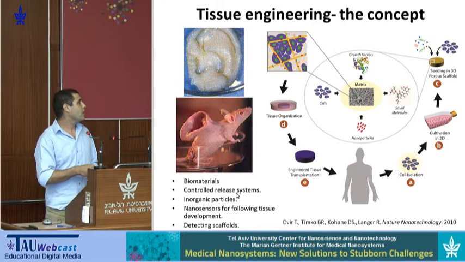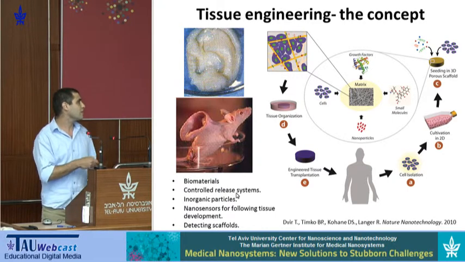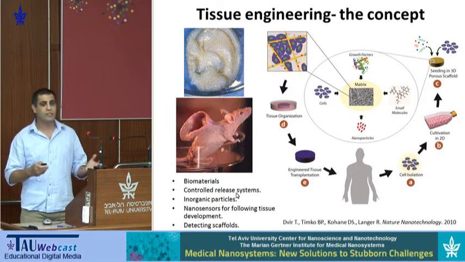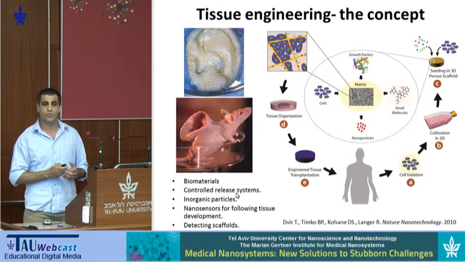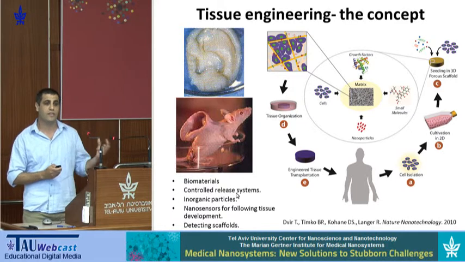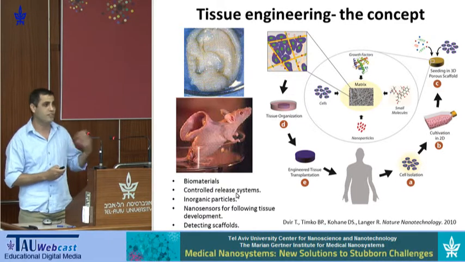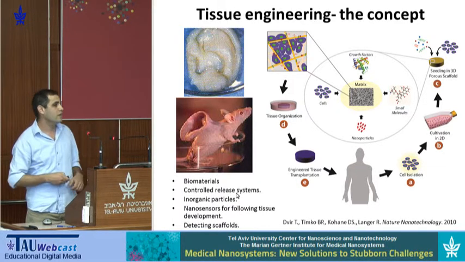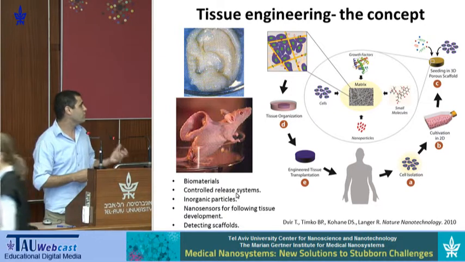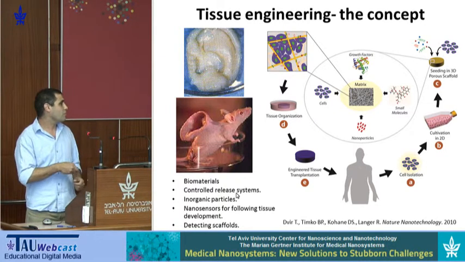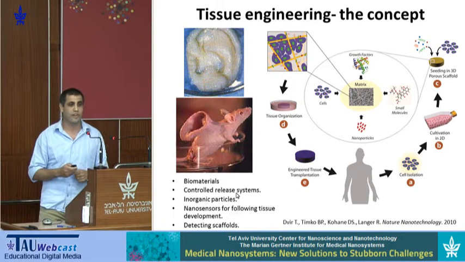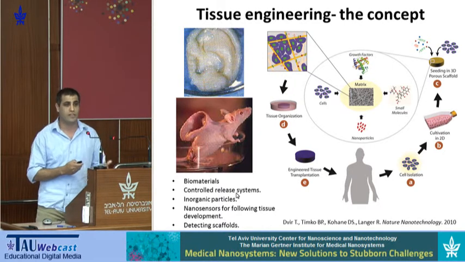We can incorporate different growth factors, different molecules or nanoparticles, and basically what we want to achieve is to let the cells organize into a functional tissue. Once the tissue is organized, we can take back the tissue that we engineered in the lab and transplant it to the patient to regain function of the defected tissue.